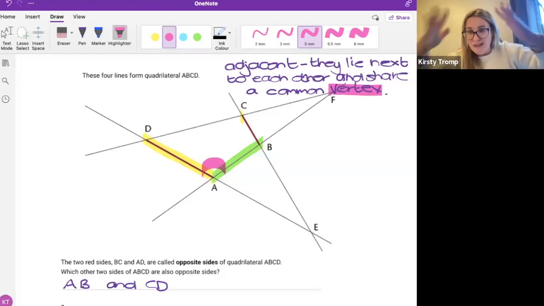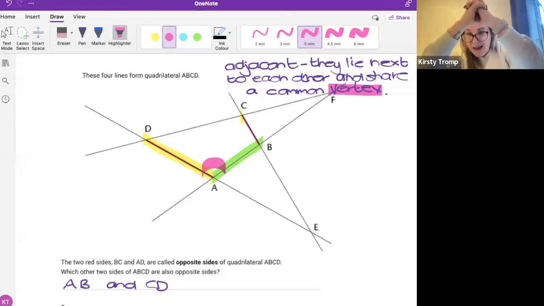Those two arms need to be holding hands. And when they're holding hands, they've got a common vertex, and that means that they are adjacent. So adjacent means they lie next to each other. You can see my arms are next to each other, but they also have a common vertex. They are holding hands. Really important, the word adjacent.